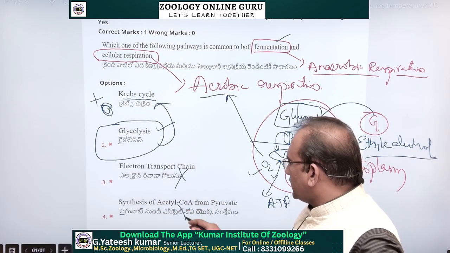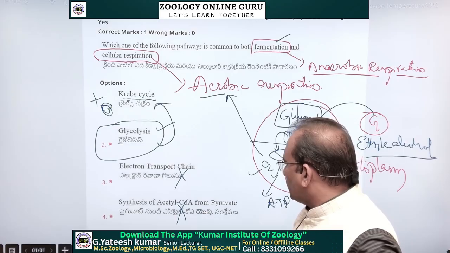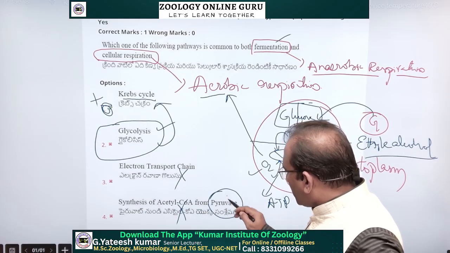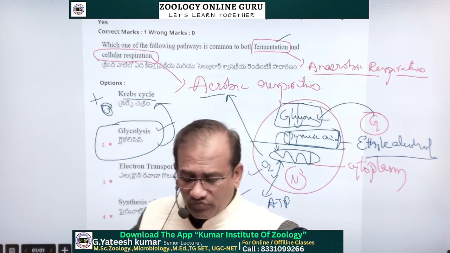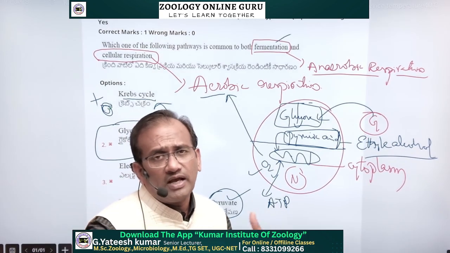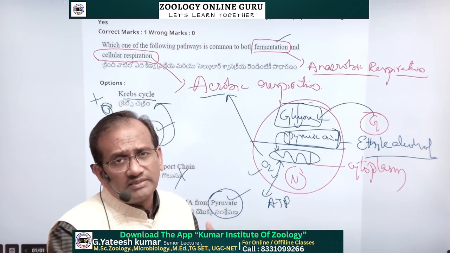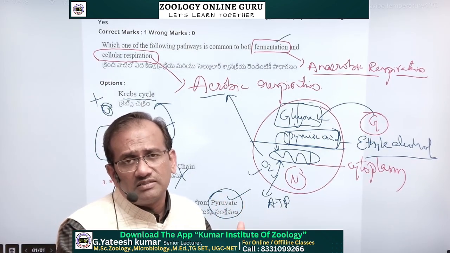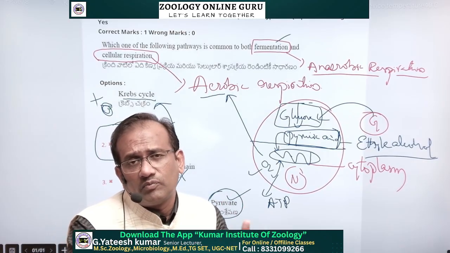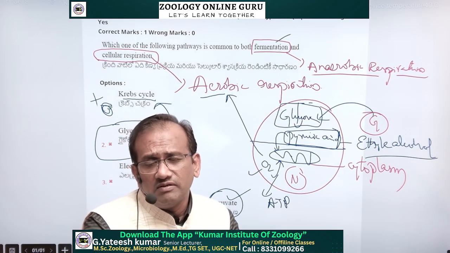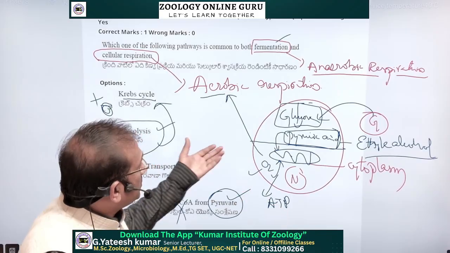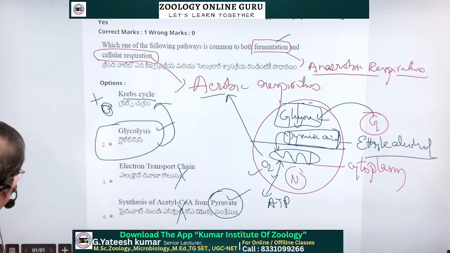The other options are electron transport chain and acetyl-CoA formation from the pyruvate. So formation of pyruvate is the first step. My answer is the second one, glycolysis. From your side, if you think the Krebs cycle is the answer, support your answer and comment. Please comment.